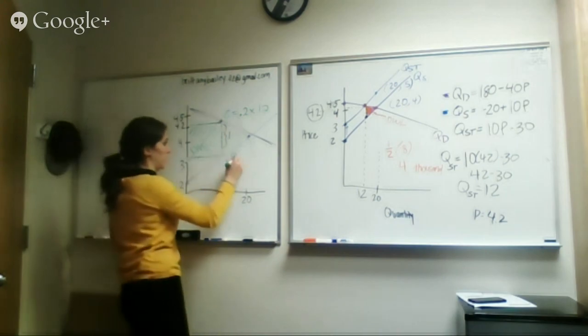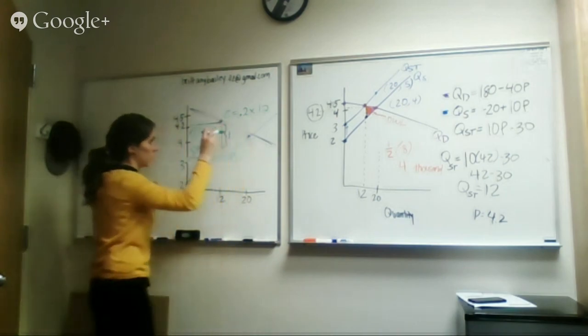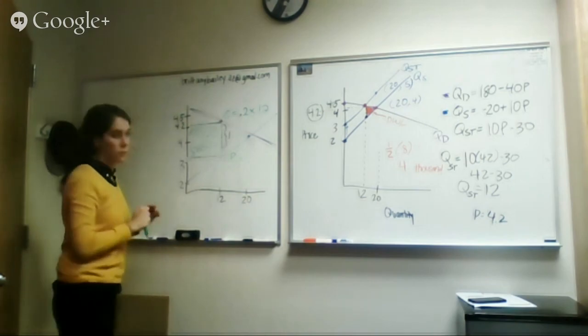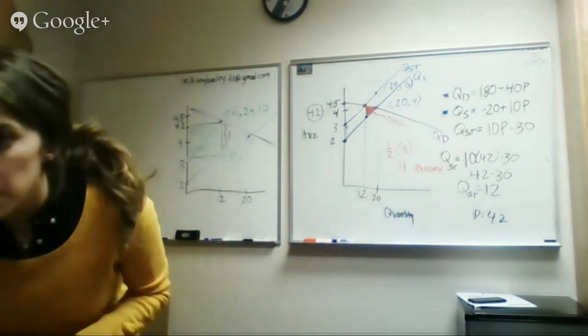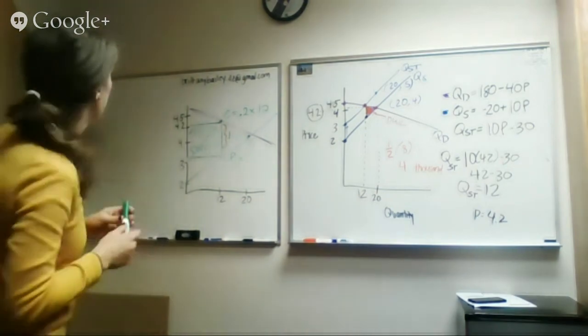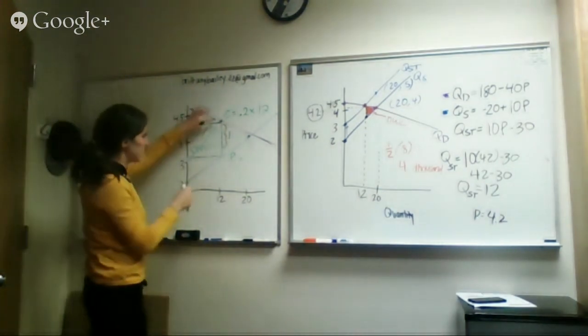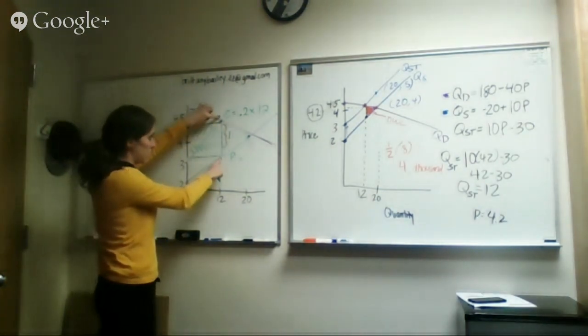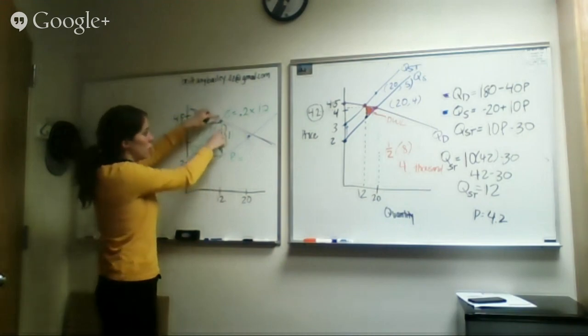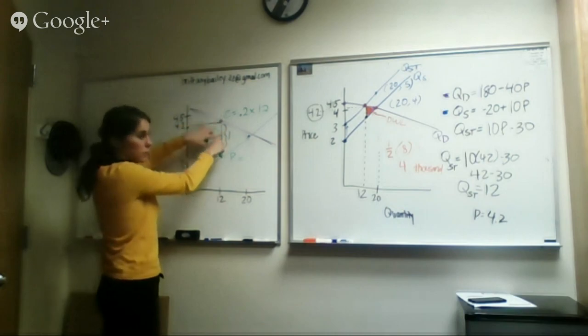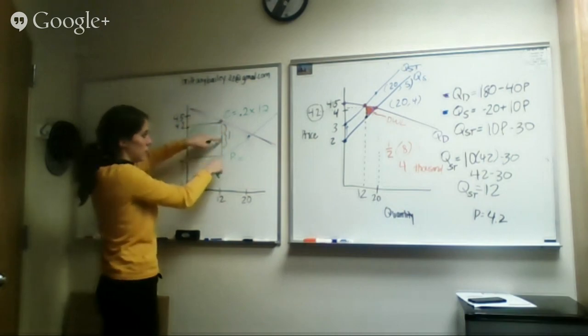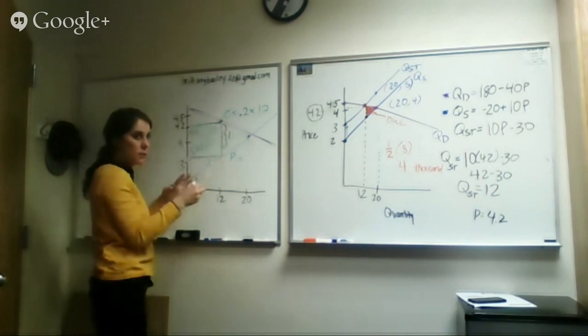Which is given by the difference between these two curves. So the difference between these two curves is 1, right? And 0.2 of it is representing this length of this rectangle. So this length actually should be representing 0.8, even though it doesn't look like it.